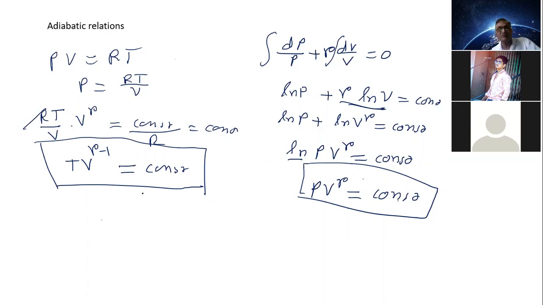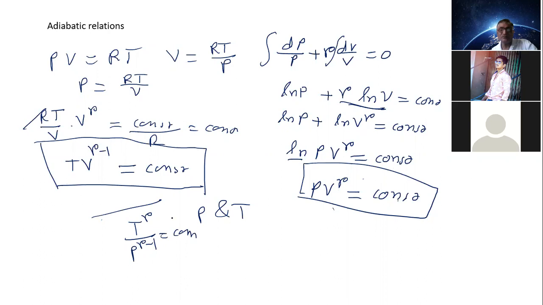Then what you have to do is put the value of volume from this relation, that is V is equal to RT upon P. Put V is equal to RT upon P in this equation, and then you will get the relation between pressure and temperature. The relation that you get here is T raised to gamma upon P raised to gamma minus 1 is equal to constant.